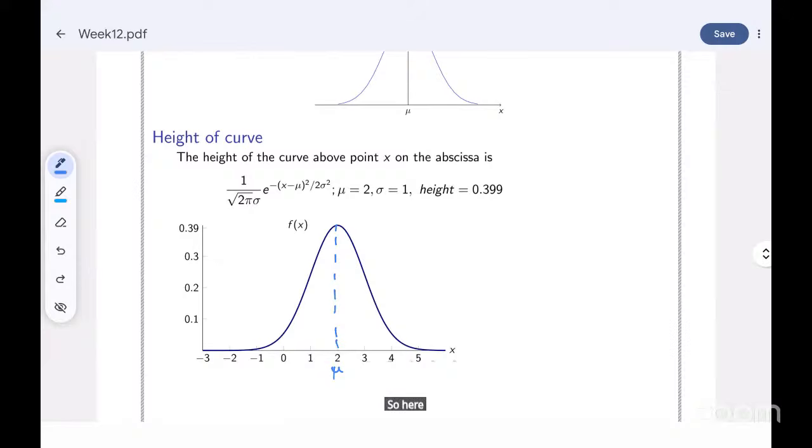Can you all compute the following? Now 1 by square root of 2 pi, since sigma is 1. And then e power, here x is mu, so this value becomes e power 0, which is simply 1. So what is 1 by square root of 2 pi? Can you all compute?